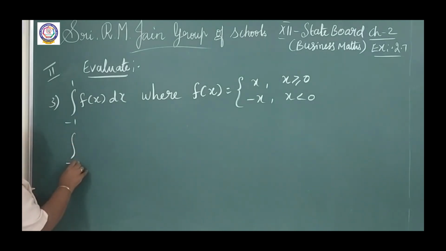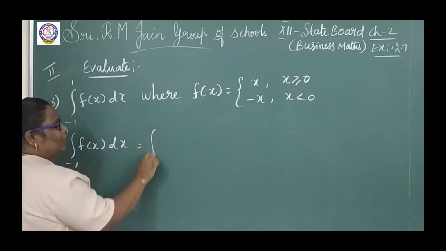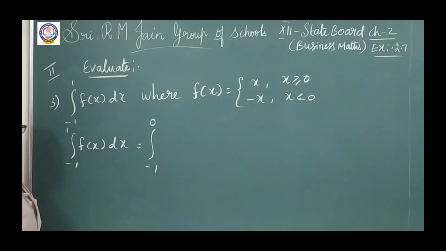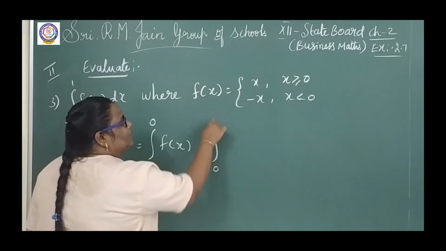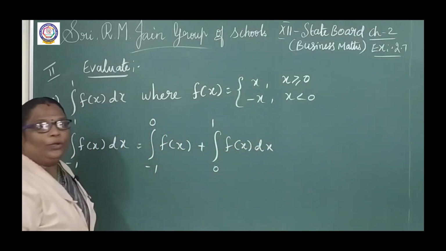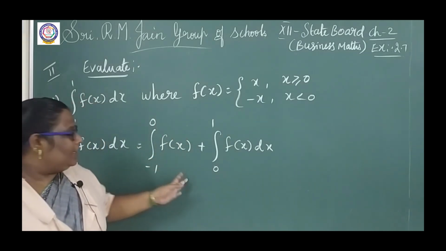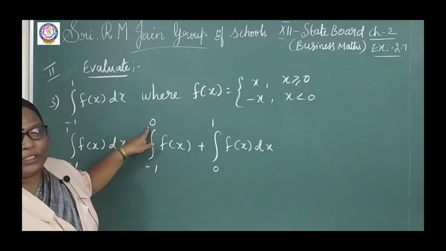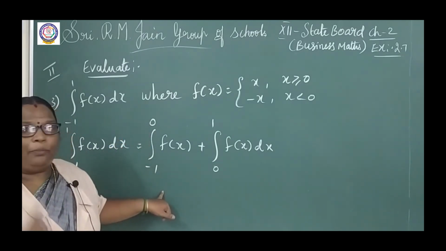So, integral from -1 to 1 of f(x) dx equals integral from -1 to 0 of f(x) dx plus integral from 0 to 1 of f(x) dx. See here, -1 to 0 is x less than 0.